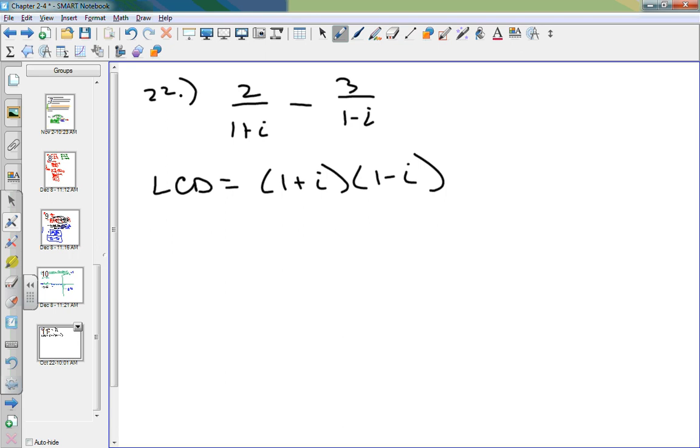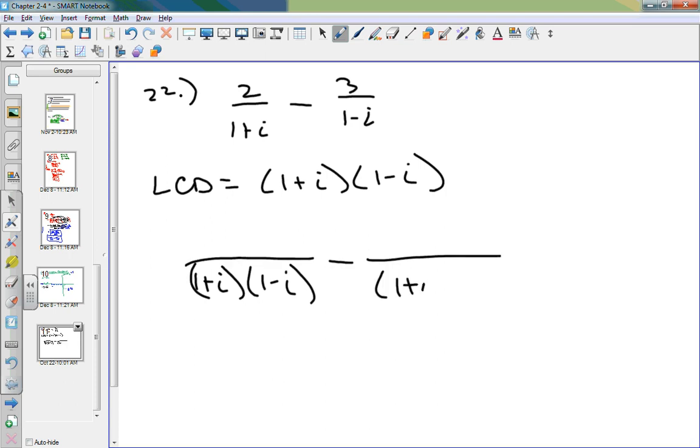Okay? So I need each one of these denominators to turn into this. So what did I multiply 1 plus i by to get 1 plus i times 1 minus i? 1 minus i. So that's going to be 2 times 1 minus i. What did I multiply 1 minus i by to get the new denominator? 1 plus i. So that's going to be 3 times 1 plus i.